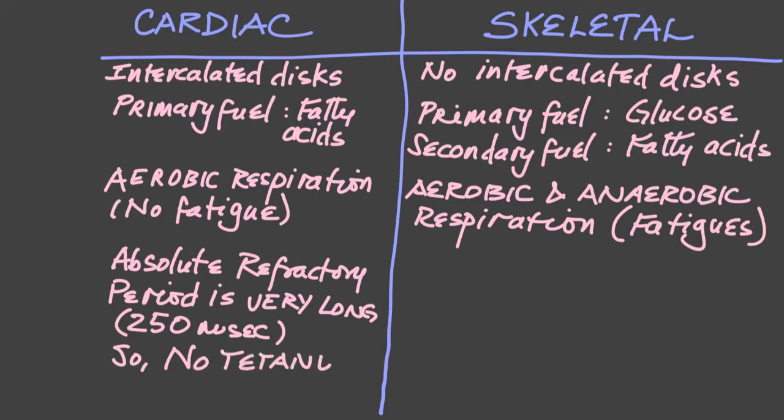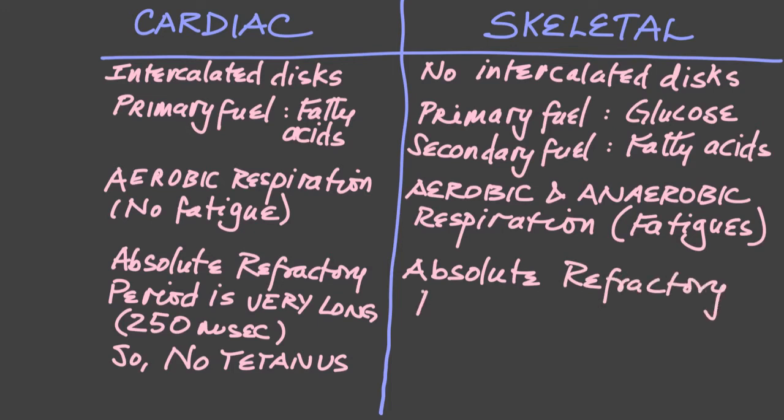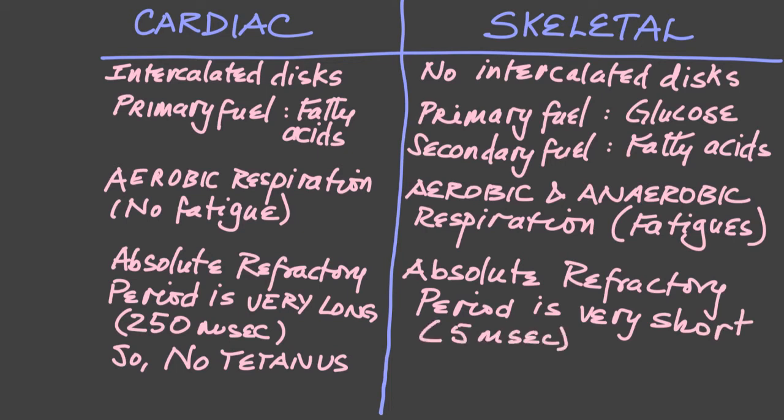It has enough time to contract and complete its relaxation before a new contraction begins, so there is no tetanus. The skeletal muscle, on the other hand, has a very short absolute refractory period in its action potential, as a result of which it can go into tetanus. Your skeletal muscles do cramp. We can't have that happening with the heart muscle. If it cramps, it stops.